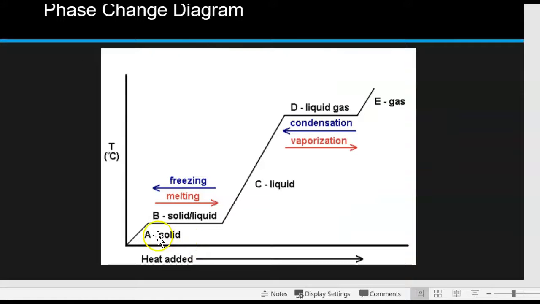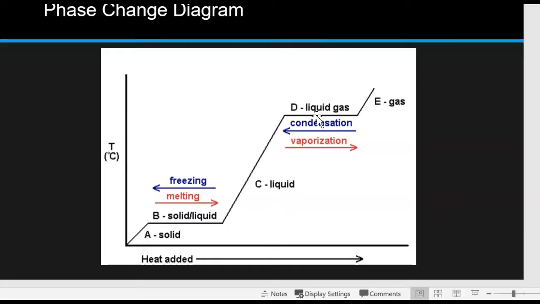Now, this is what a graph should look like. You should have a flat line, then an increase, and a flat line, and maybe an increase at the end. You might finish on a flat line. What that means is this first flat line is your melting point. The second flat line is the boiling point.